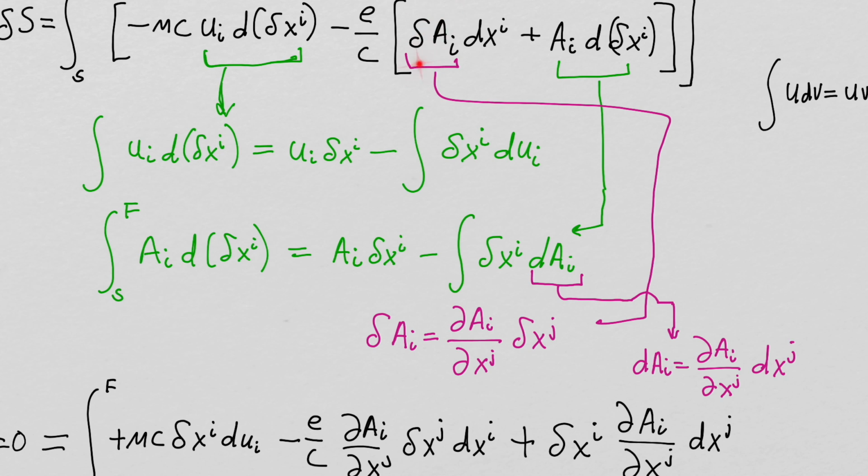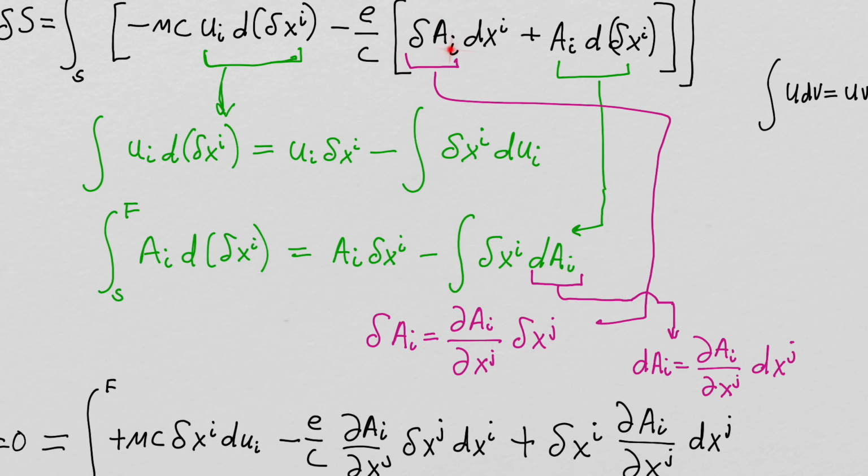So the variation of the field, which we know is connected to the path, I'm going to use this expression here. The variation of the field is the derivative of the field with respect to space times the variation in space of the path, right? We make the variation of the field proportional to the variation of the path, and the only constant of proportionality that makes sense is the partial derivative of the field with respect to space, which is what this is.